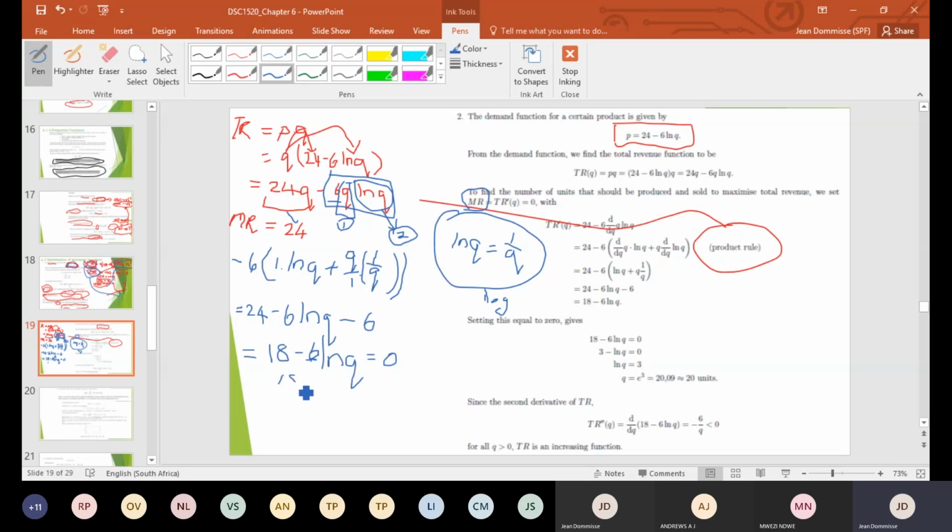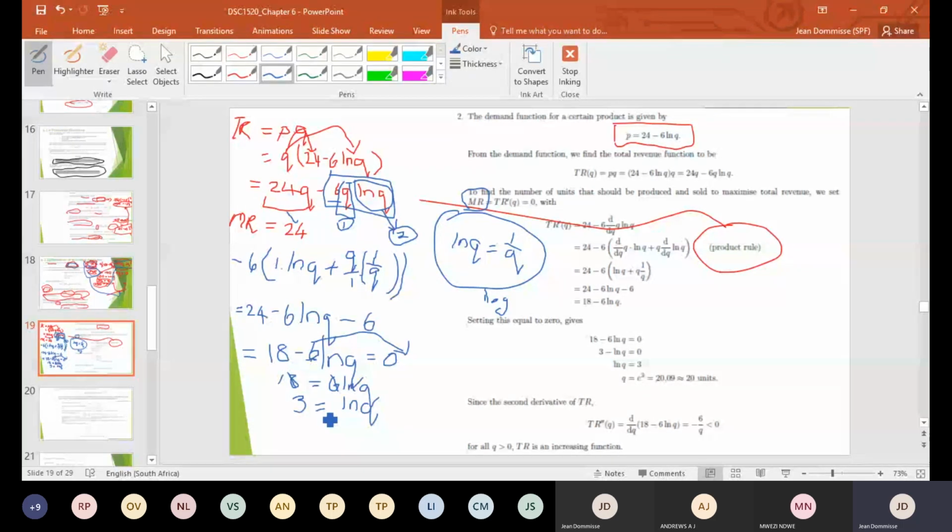So 18 is equal to 6 ln q, because we've taken that to that side. So I can get rid of the 6 on this side, and I'm sitting with ln q. On the other side, 18 divided by 6 would have given me 3. So ln q is equal to 3.